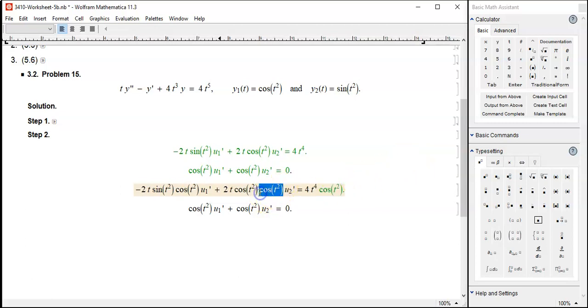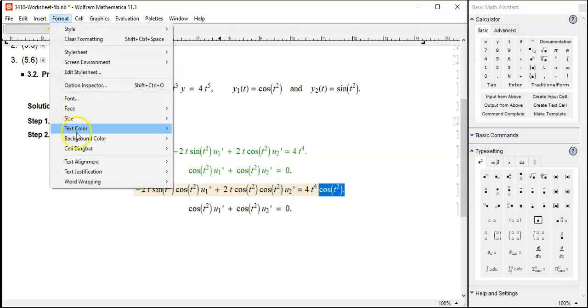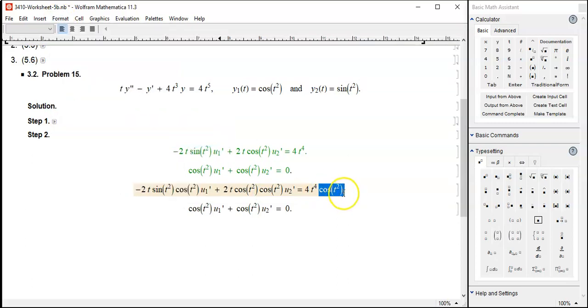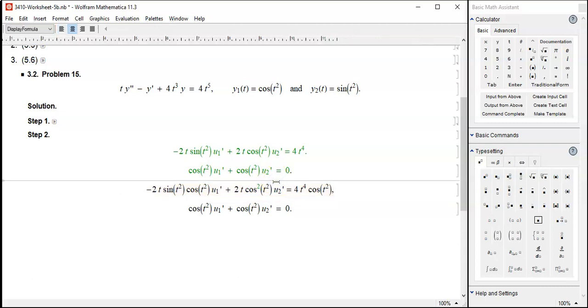Why do I get... Now look at the middle term, cosine, another cosine, so this is equivalent to just cosine squared. Oh, that's odd. Why am I getting... Oh, this is really annoying.